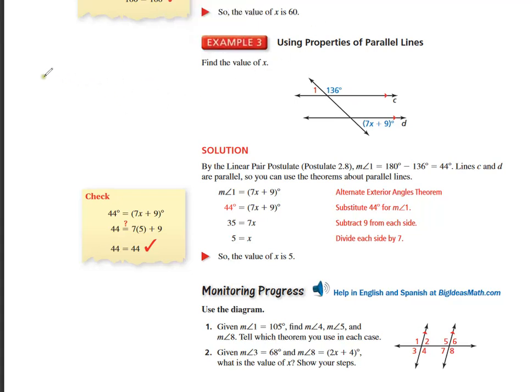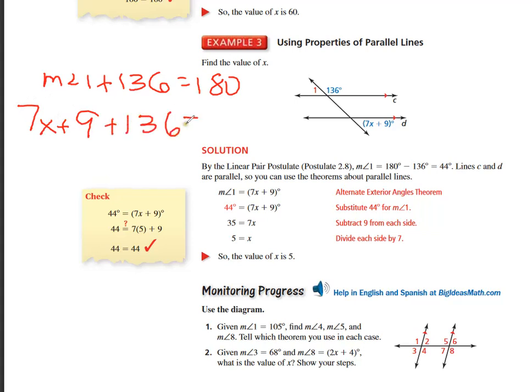Okay, so I know that measure of angle 1 plus 136 is equal to 180. But I know that angle 1 is equal to this one, right? Because these are alternate exteriors. So I'd say that 7x plus 9 plus 136 equals 180. And then from that point on, it's algebra. I've written my equation, solve, solve, solve for x.